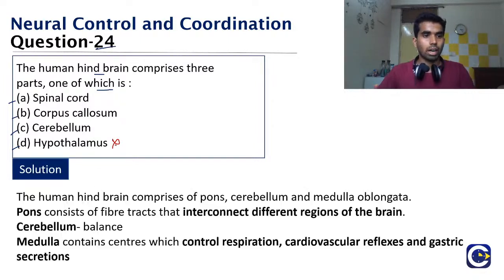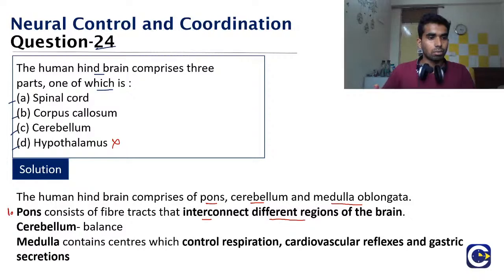Now what are the parts of the hindbrain? The hindbrain has three parts: pons, cerebellum and medulla oblongata. Now what is the function of the pons? The pons contains fibers that interconnect different regions of the brain.